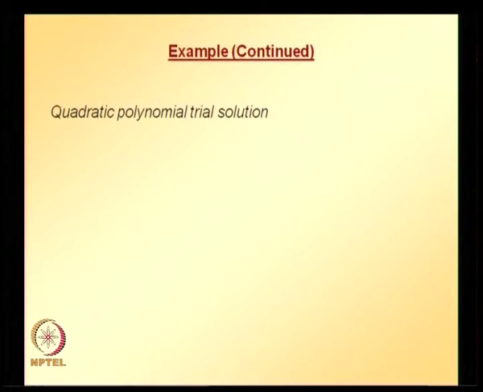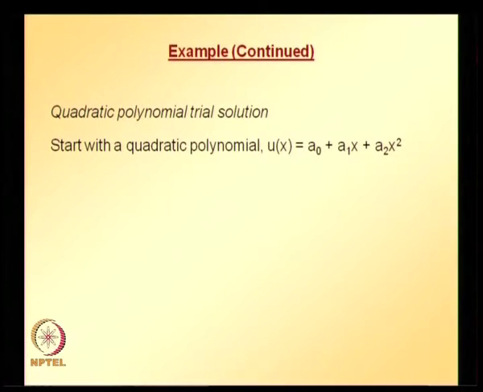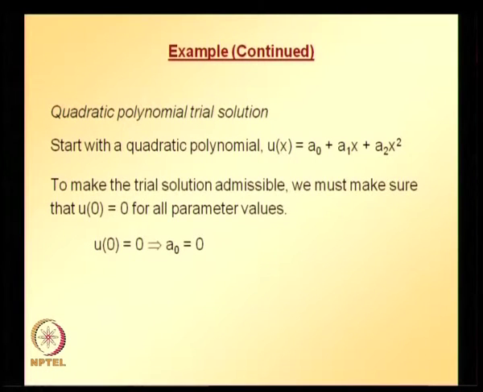So now let us start with a quadratic polynomial trial solution. Let us say we take the trial solution as u is equal to a naught plus a1x plus a2x squared. Before we proceed further, the first job is to make this trial solution admissible.